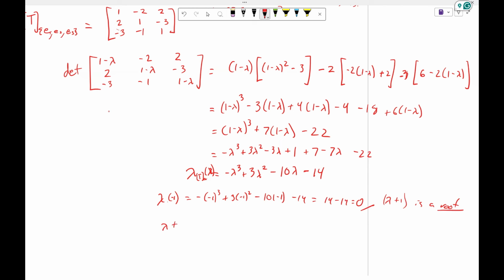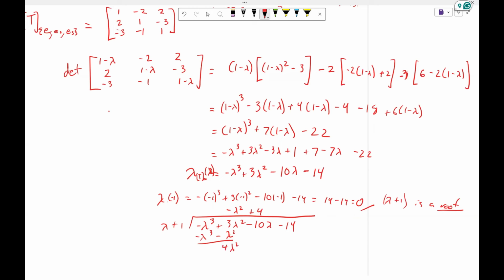So I have lambda plus 1. I take my polynomial and I divide out by it. So I go minus lambda cubed plus 3 lambda squared minus 10 lambda minus 14. This is going to be minus lambda squared: minus lambda cubed minus lambda squared gives us 4 lambda squared.